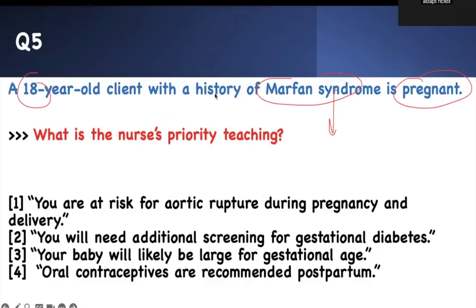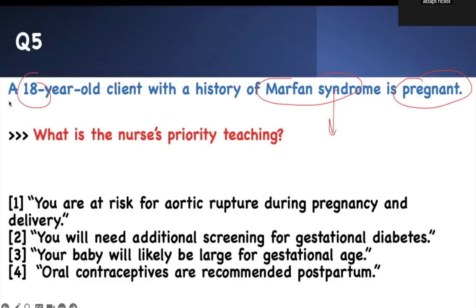But what is the priority action? Of course, we're going to prevent you from getting pregnant, giving you oral contraception. It has nothing to do with gestational diabetes, right? Your baby is not going to get bigger. We don't need to screen you for diabetes either. But the biggest problem of these patients is aortic rupture during pregnancy and delivery.